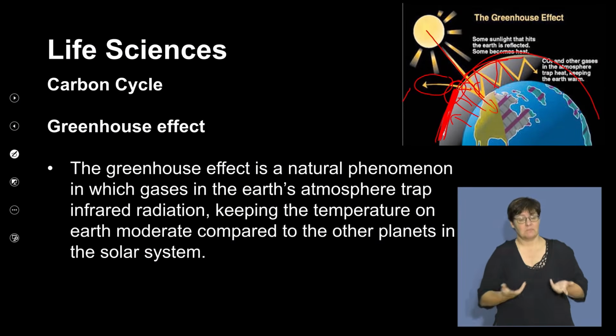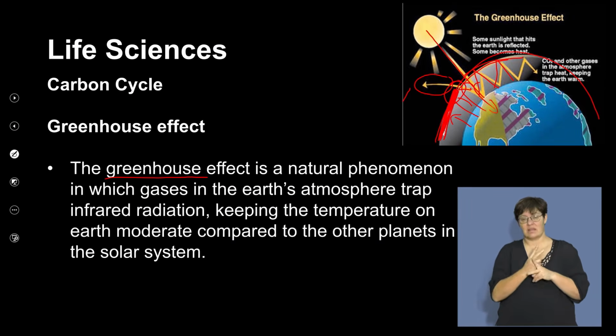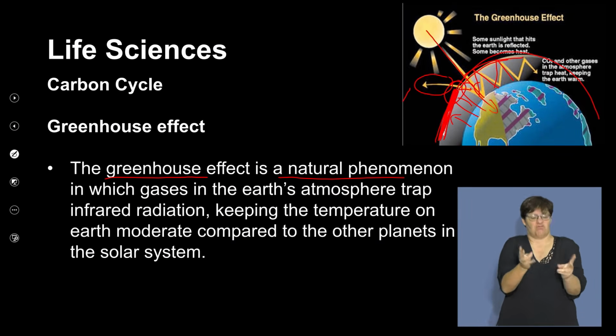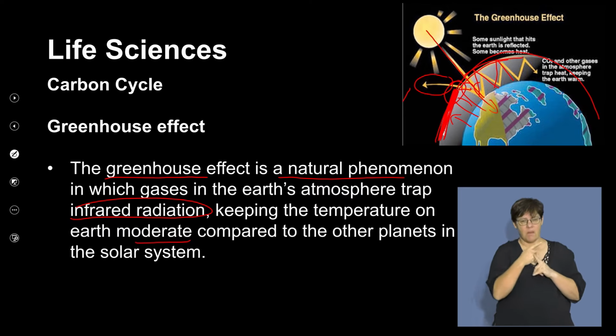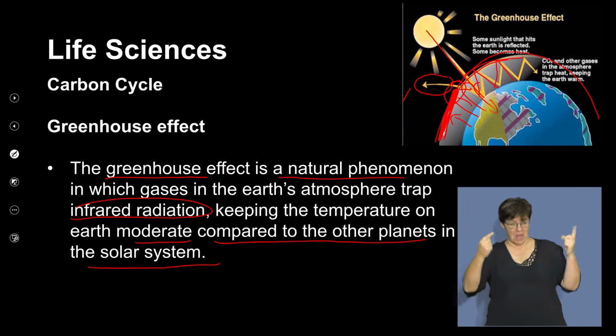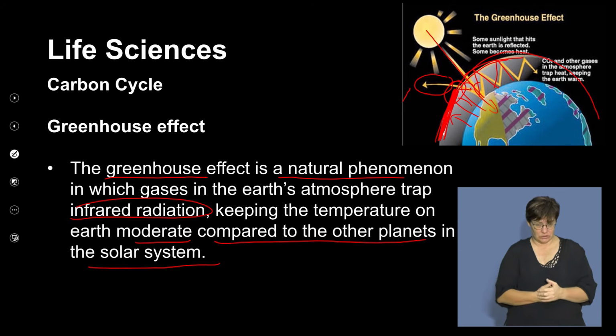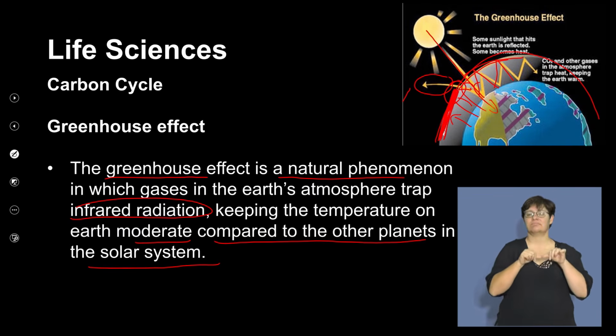So again, as I mentioned, the greenhouse effect is a natural phenomenon in which the gases on the Earth are trapped, and this infrared radiation keeps the temperature moderate compared to the other planets in the solar system. That is significant in terms of us maintaining a constant temperature on Earth within the range that we have.